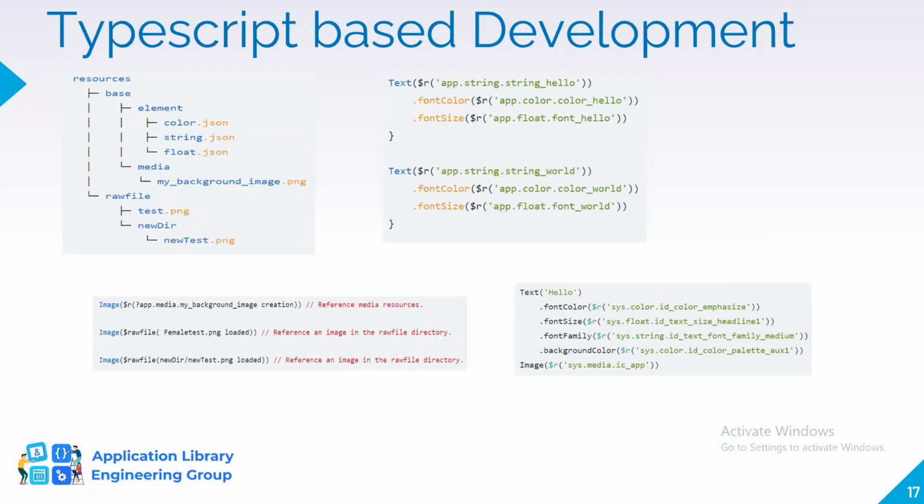Okay, let's explore more about the resources folder. As we already discussed, this is the resources folder structure. And as I said, the level 1 subdirectory, which is base, is the default value.